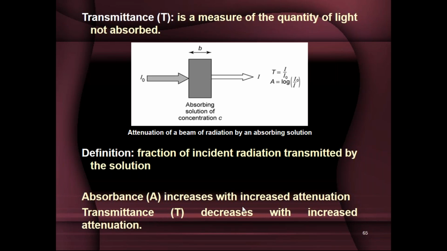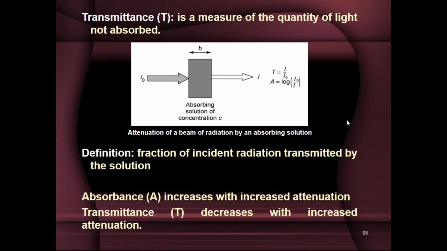So when absorbance increases with increased attenuation, at the same time you will see that transmittance will decrease. The more the absorption, the absorbance values will become high, but the more the absorption, transmittance will start decreasing. Attenuation here refers to absorption, because we are talking about absorption phenomena.